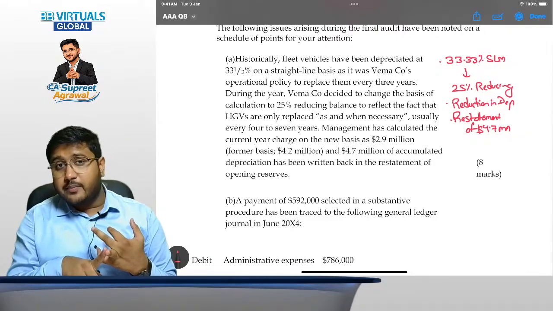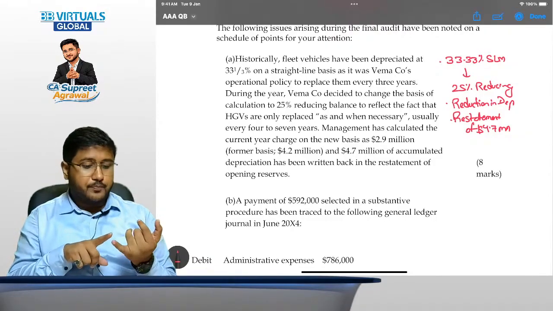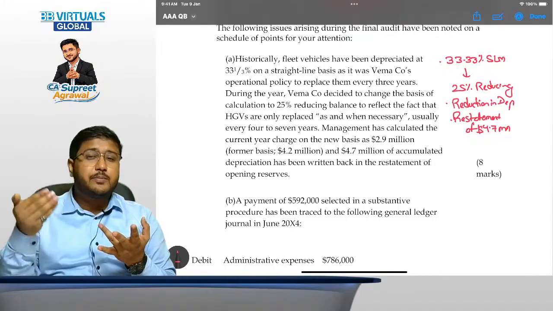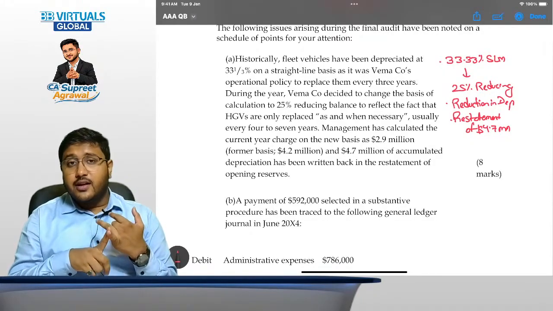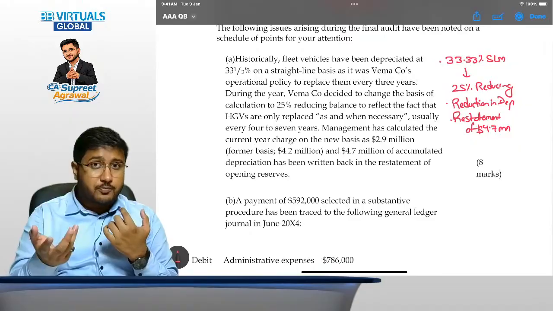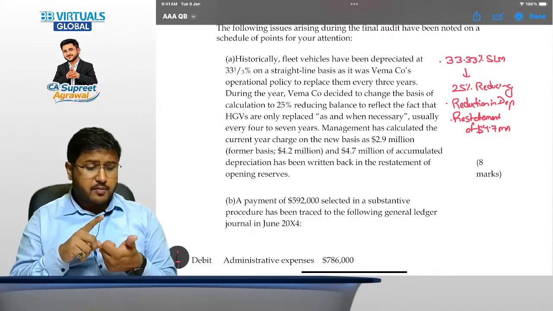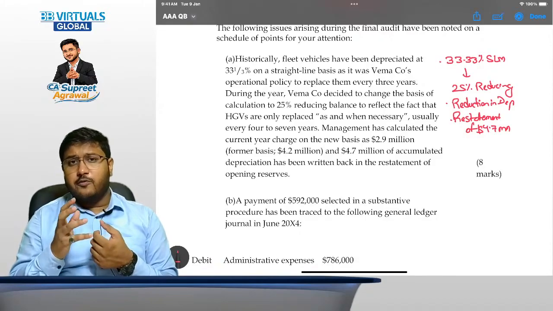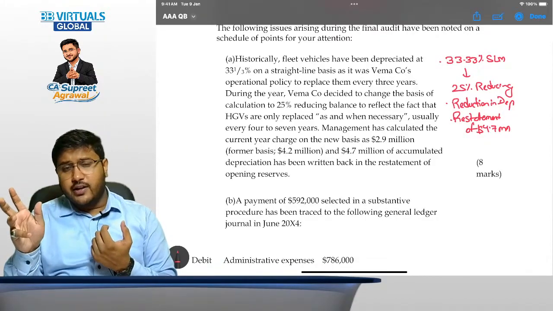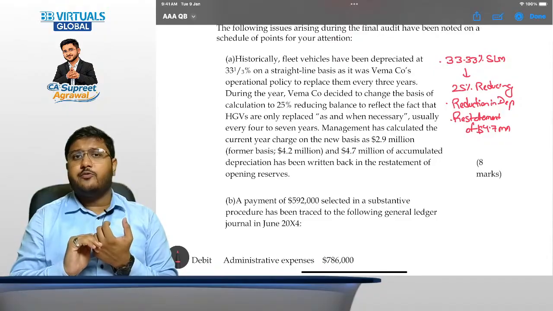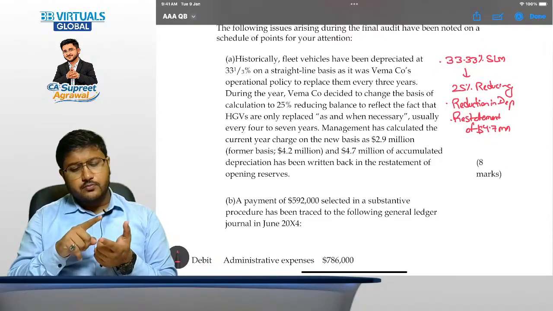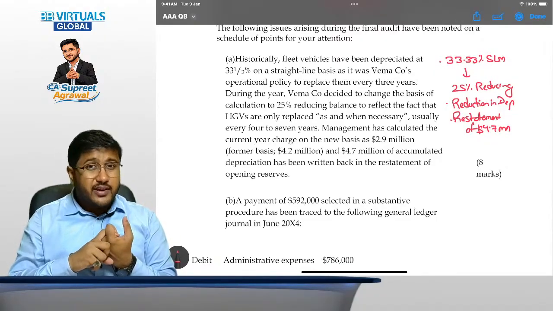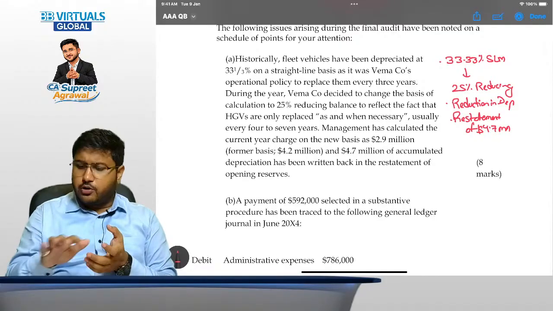You should inquire with the management about the reason behind doing so, and how it is a better estimate of the depreciation amount. Then we should obtain confirmations from experts if required, in case of certain specific machineries. Then we can observe whether the related change in accounting estimate has been recorded and measured appropriately or not. We can also perform a recalculation of the depreciation. All of these could be the audit procedures.